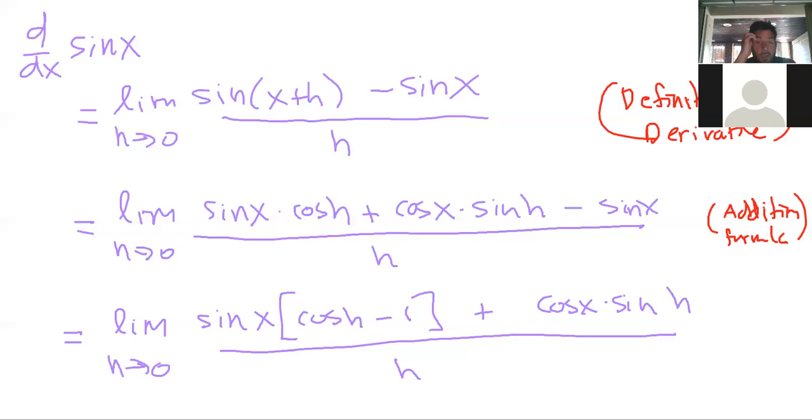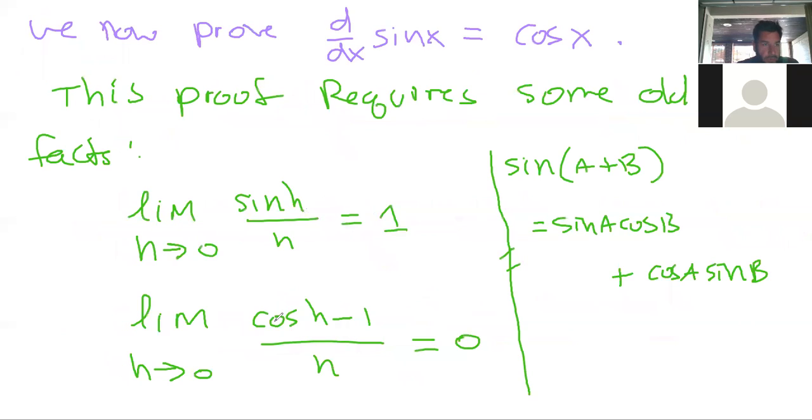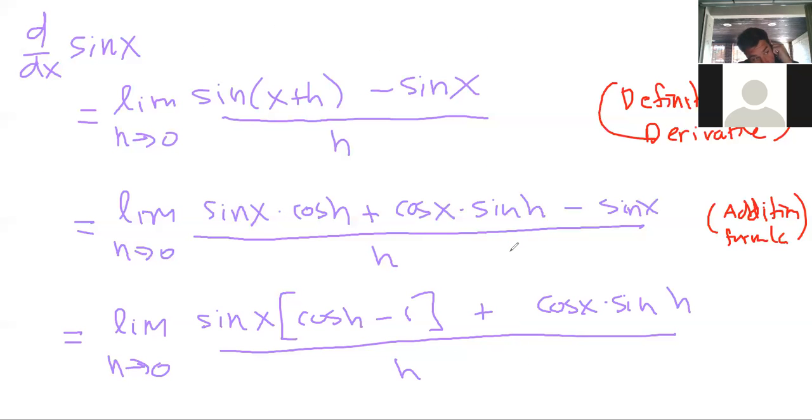All right. So at this point, I need to recognize that I have these two limits from the previous page that I want to use. And I also have my limit laws that say I have a sum here. I can break this into two limits. And so that's what I'm going to do. I'm going to use my limit laws.